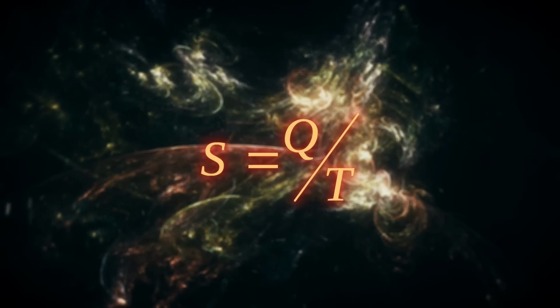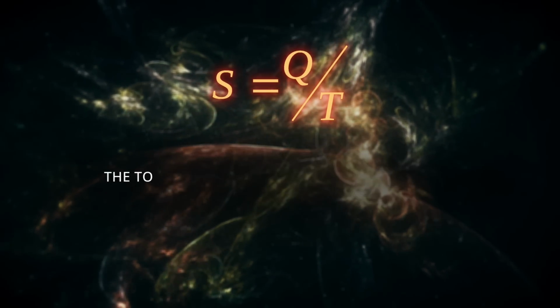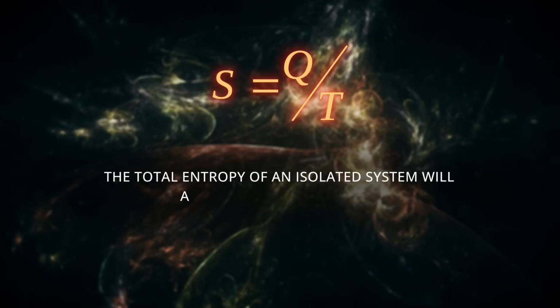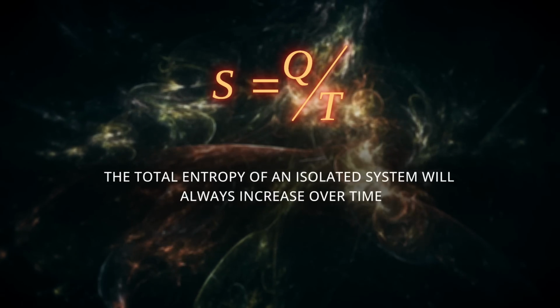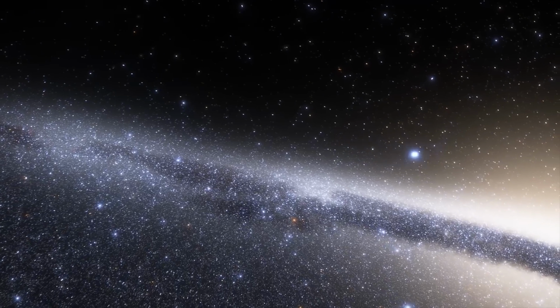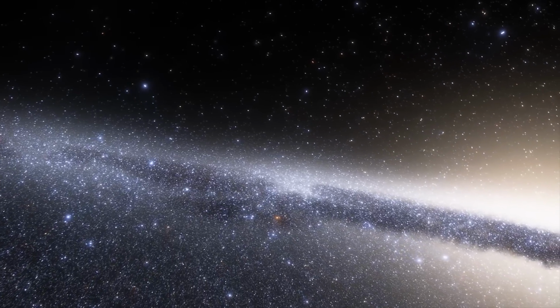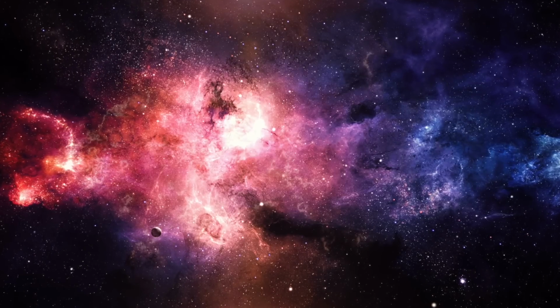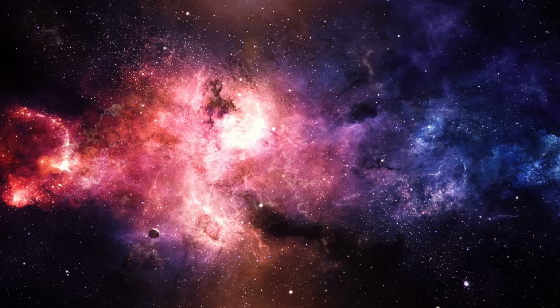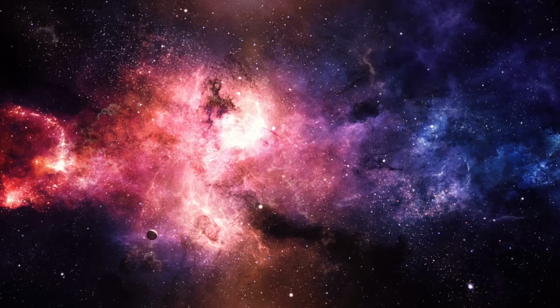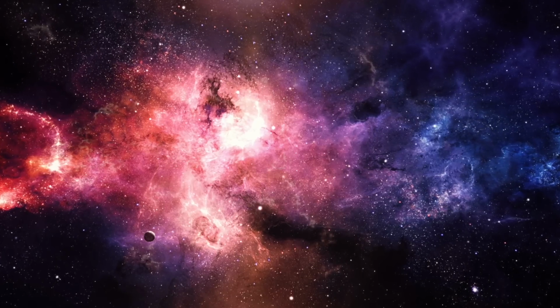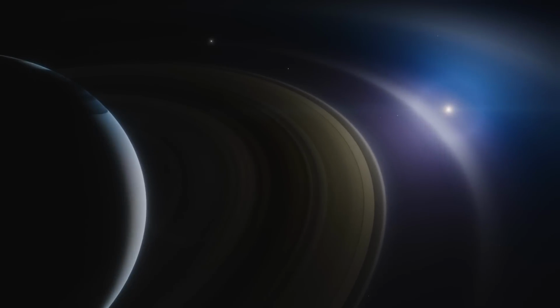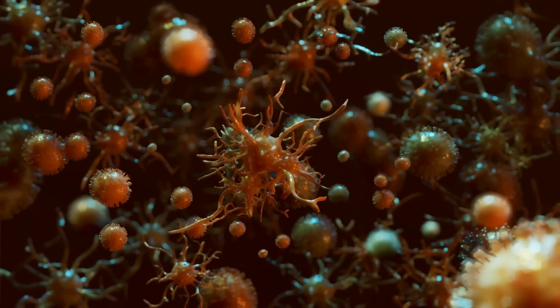According to the second law of thermodynamics, the total entropy of an isolated system will always increase over time. The law implies that the universe should become less ordered as time goes by. However, the very structure of the universe contradicts this idea. We observe that the universe is highly ordered and structured. It contains galaxies, stars, planets, and even life forms.